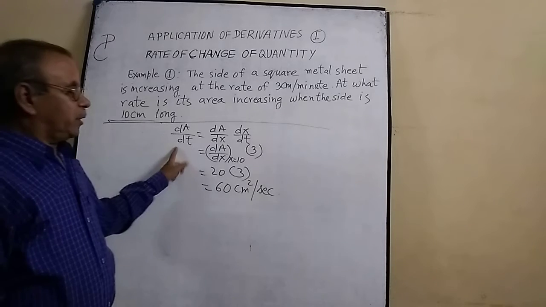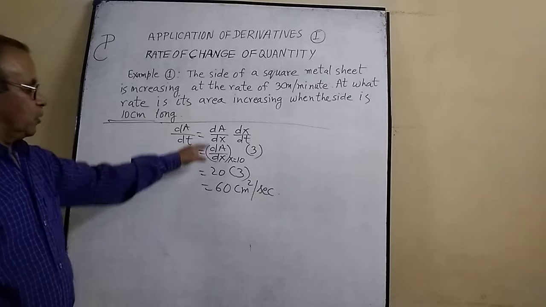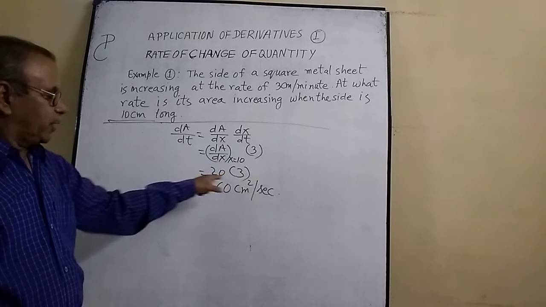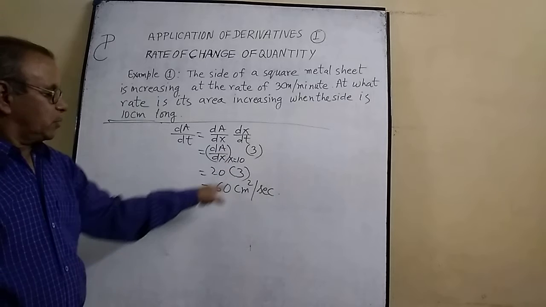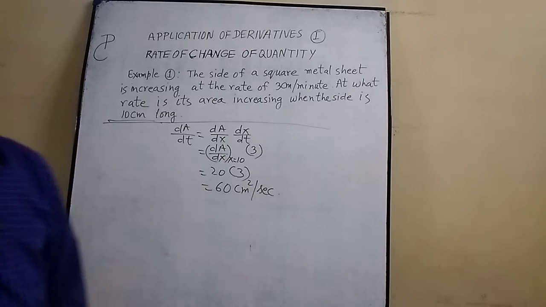So dA upon dt is equal to 20 into 3, which is 60 square centimeter per minute.